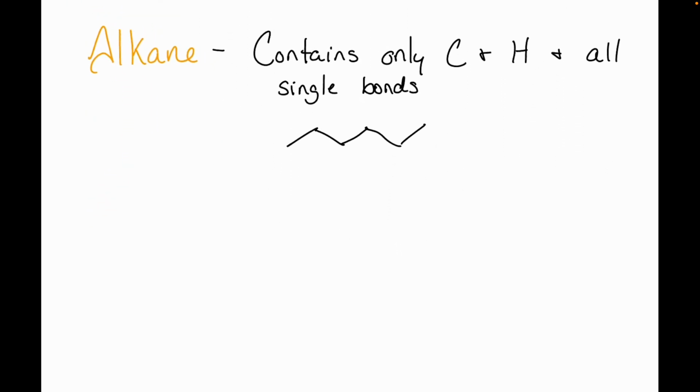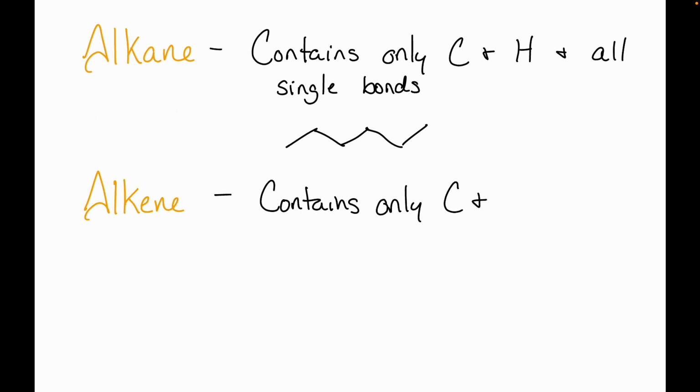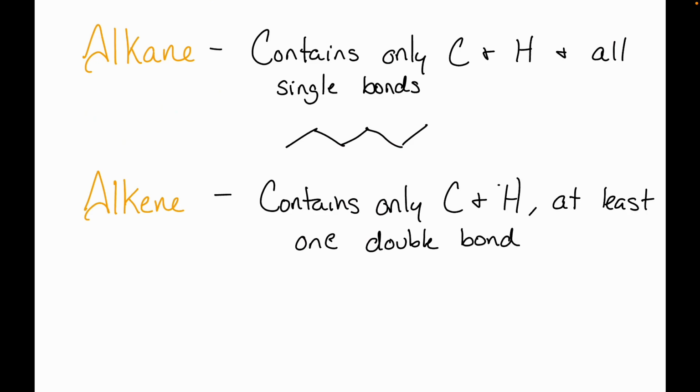Okay, an alkene. This is a molecule that contains only carbons and hydrogens, but has at least one double bond. So if it's all single bonds, we call it an alkane.